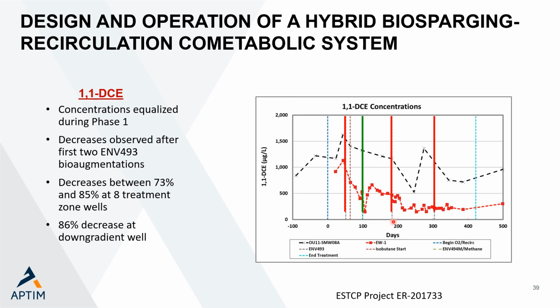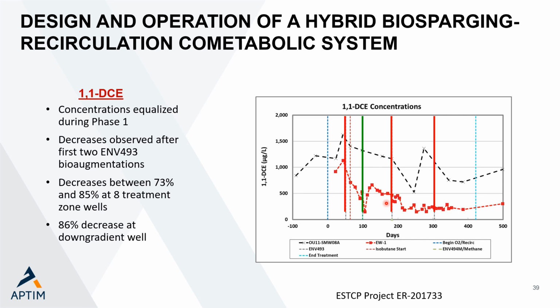But we then start to see a little bit of rebound here between day 100 and 200. We bioaugment a second time, and once again, we see a very, very good decline. But everything stabilized at 150 to 200 ppb. And even after a third bioaugmentation, we couldn't get the DCE concentrations to go any lower.